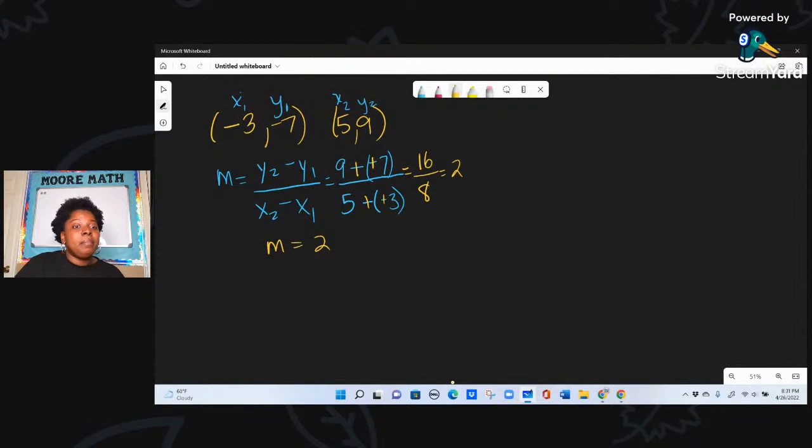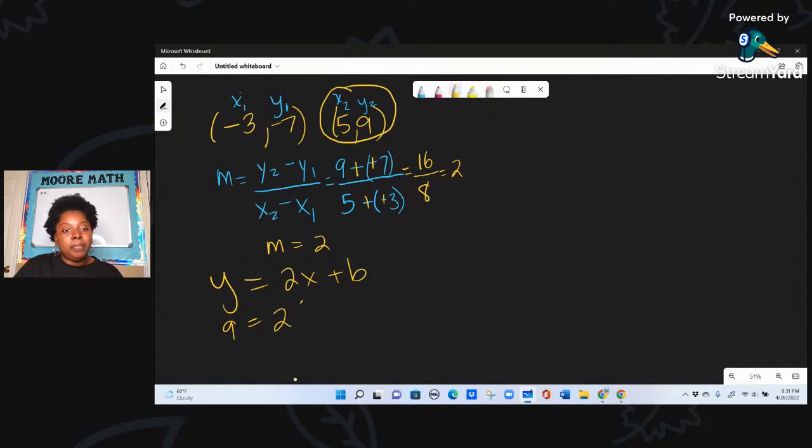So now you take it and plug it into your equation. Y equals 2x plus b. We still need to find b. The way you're going to find b is by taking one of these x and y pairs. Again, I like to stick to positive things, so I'm going to take this 5 and 9. Where it says y, I'm going to put 9, and where it says x, I'm going to put 5.